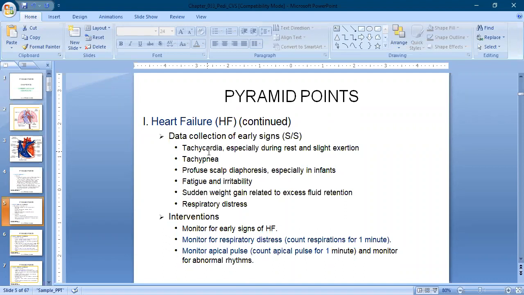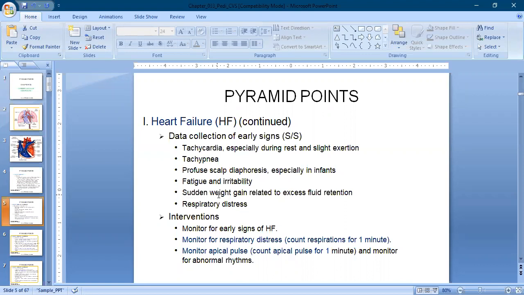And when there is an excess heartbeat, we say tachycardia, and an increased respiratory rate is called tachypnea. Profuse sweating is called diaphoresis. The patient feels fatigue, tiredness, and irritability because the tissue does not get enough oxygen, and also sudden weight gain because of fluid retention, right?